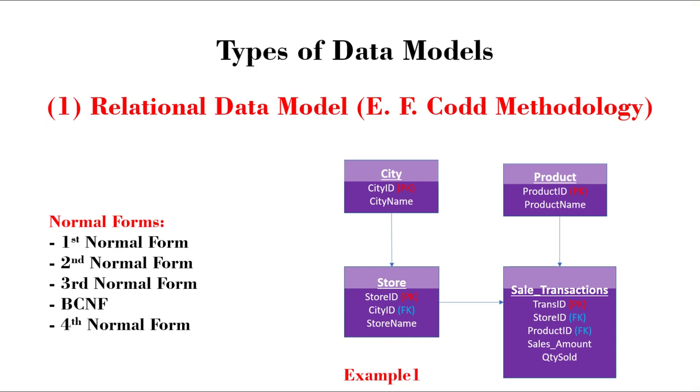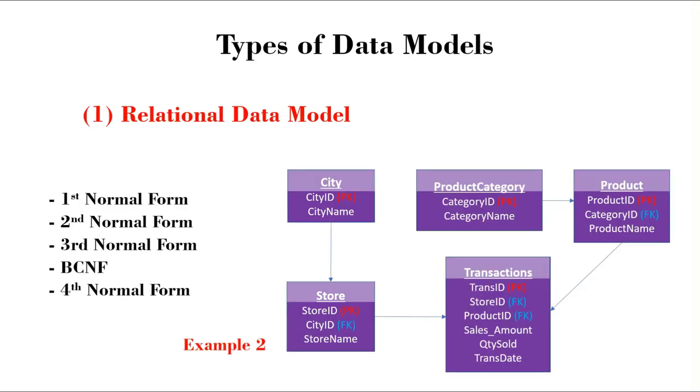If our scenario changes and the manager now wants us to include product category in our model, for us to obtain a normalized relational data model, we need to create a separate table for product category and link it to the product table. Remember, in the relational data model, we are breaking entities down into multiple related tables, and the purpose of that is to minimize data redundancy.